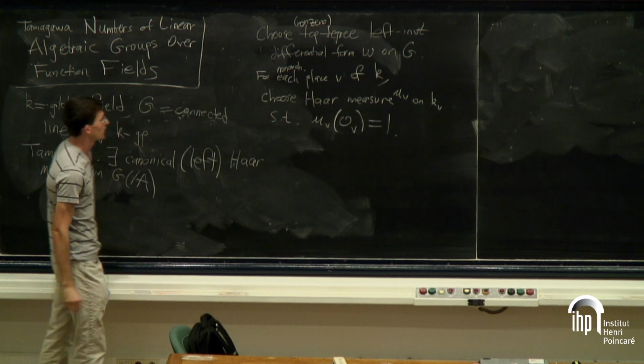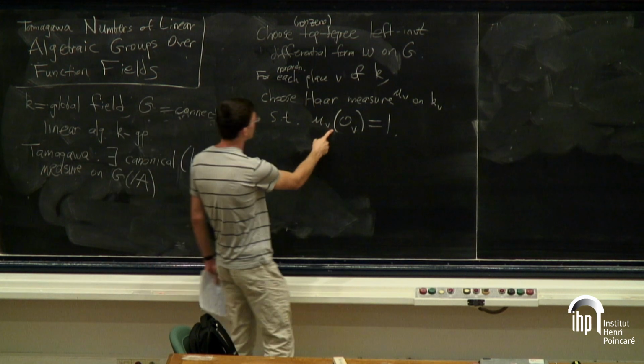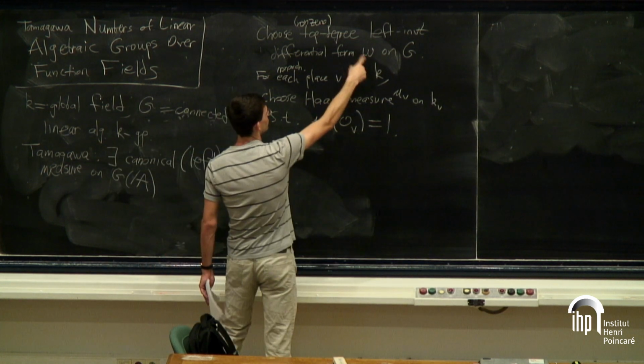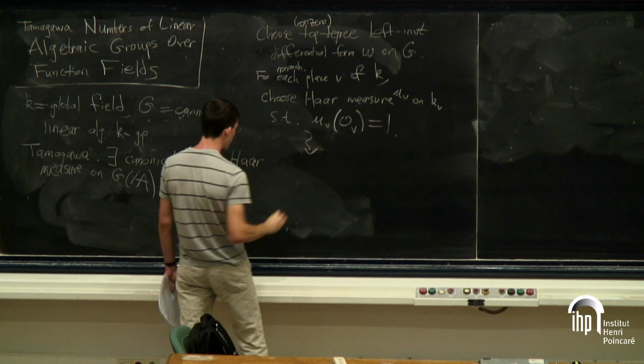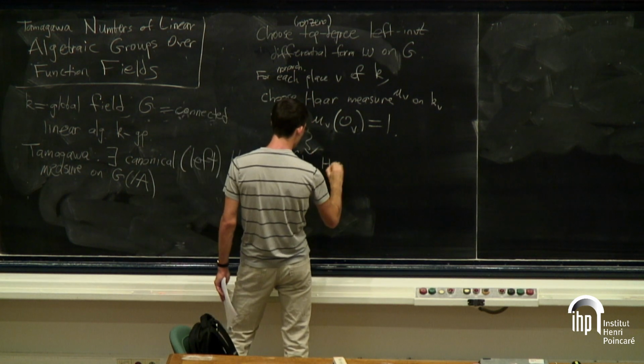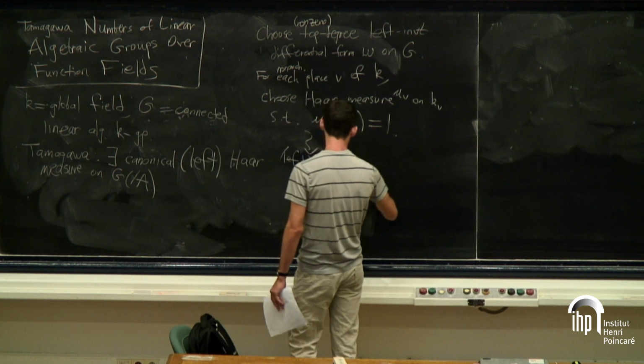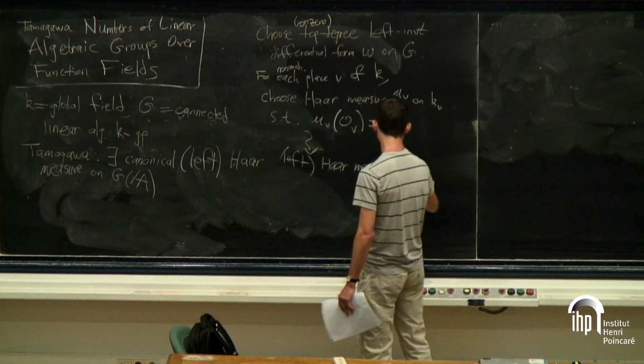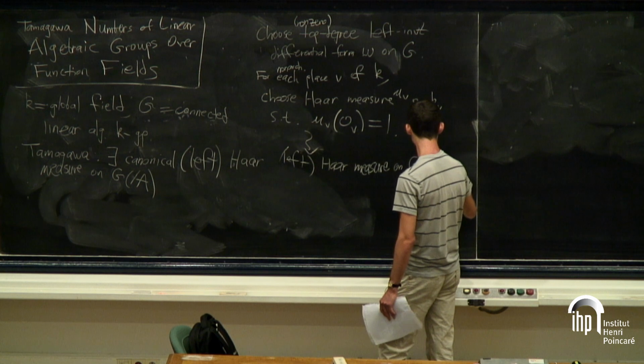And now this Haar measure, together with this differential form, gives you a left invariant Haar measure on the K_v points of G.